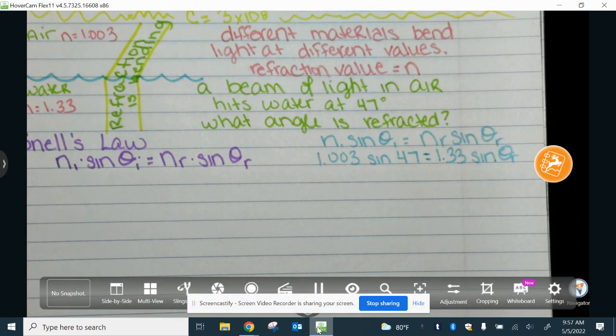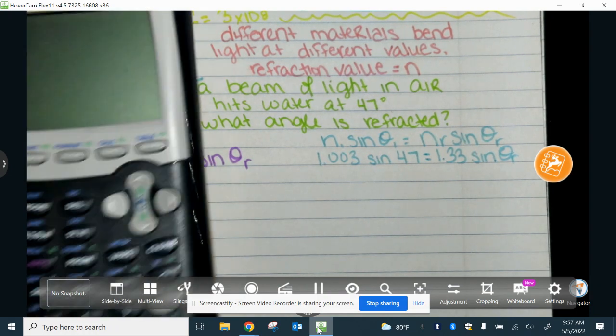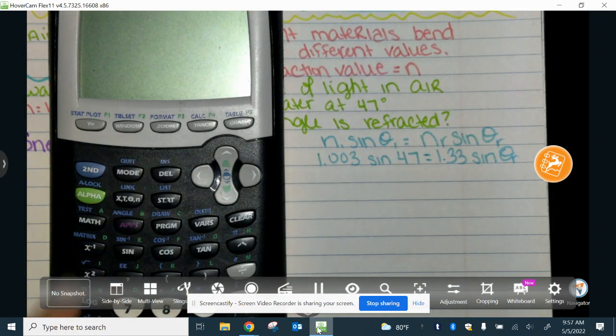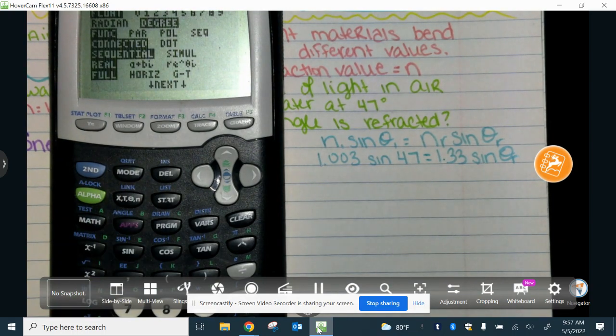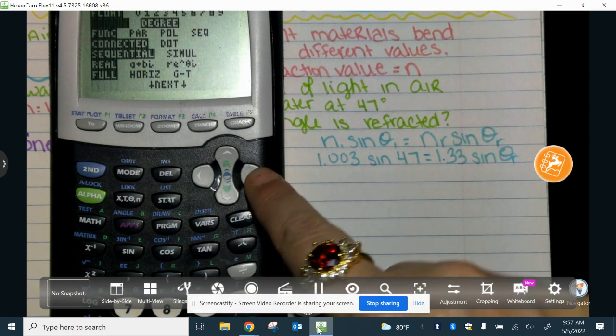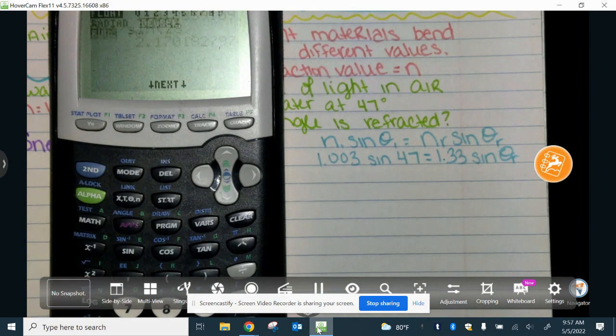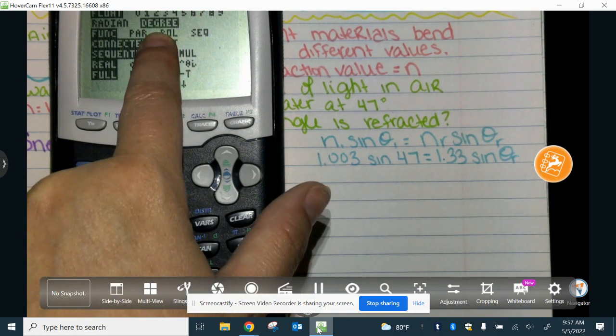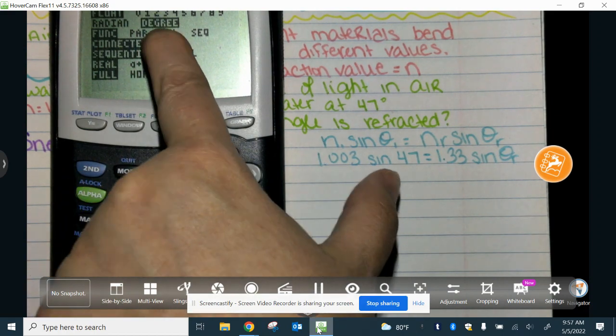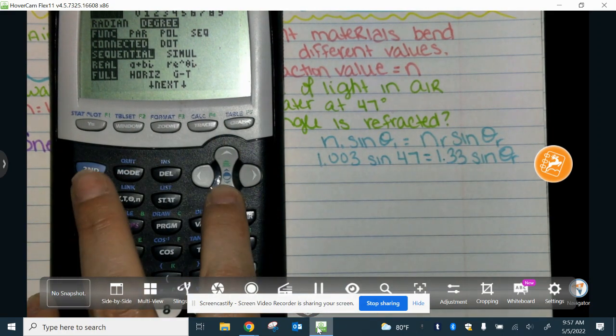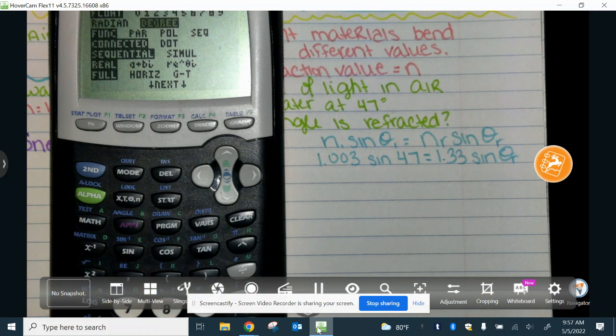I appreciate y'all getting out your calculator to start punching in numbers. Turn on your calculator and go to mode. We need to make sure you're still in degree. If degree is not dark, move down, make it flash, and hit enter.